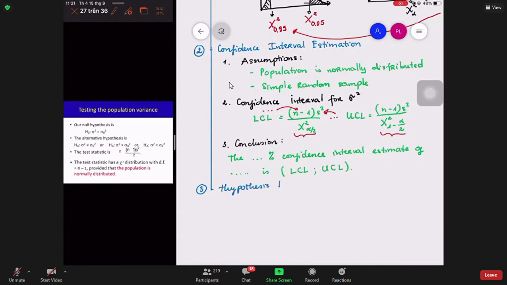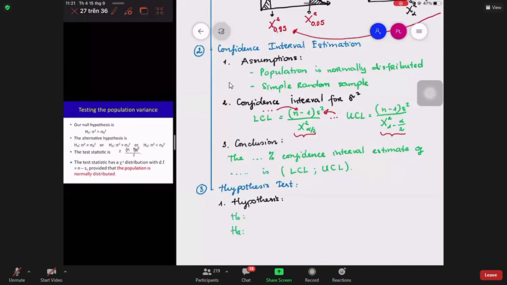Now for the hypothesis test, we can just follow the 6 steps that we know. Okay, so the first one here is hypothesis. So we have HO, we have HA.